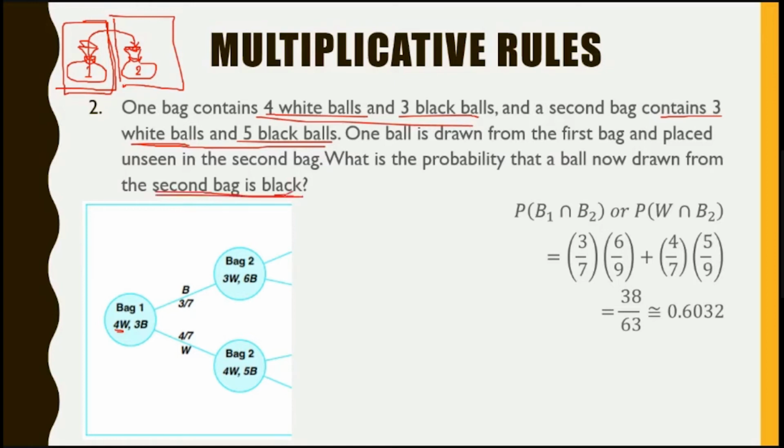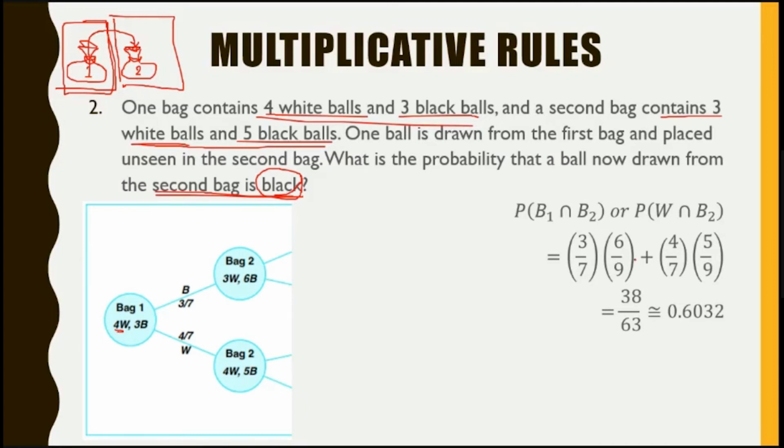We are actually looking for the probability that the ball drawn from the second bag is black. There are actually two possibilities, right? We can get black from the second bag, provided that in the first bag we got black. And we can also get a black ball in the second bag if the first ball that we got from bag one is white.